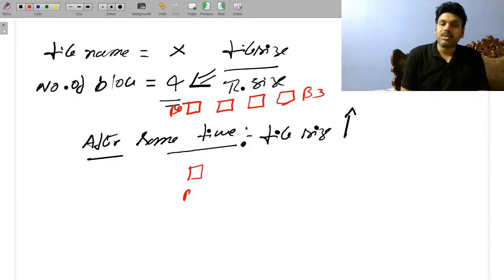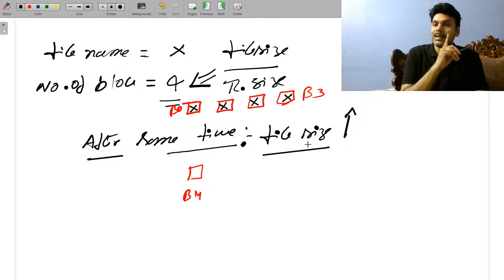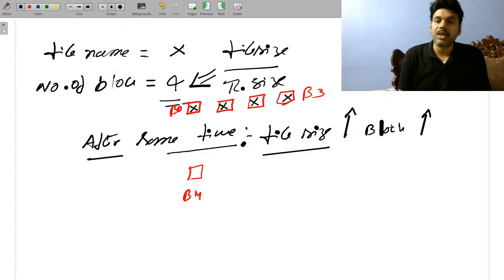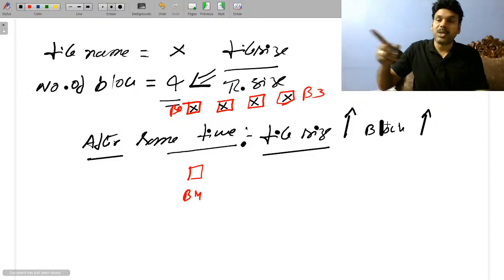From B4, it is given to another file. This is given to file X as you requested initially. After that, I did some adjustment: your file size is increased, so the blocks are also going to increase. But I am using the contiguous concept. Therefore, contiguous space must be available even when you increase the blocks or file size.